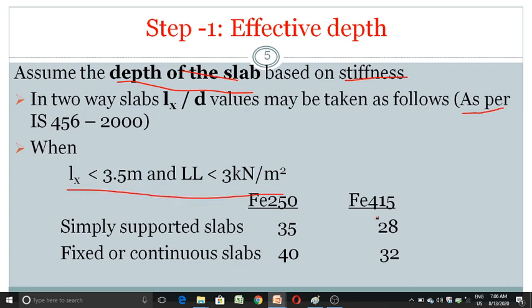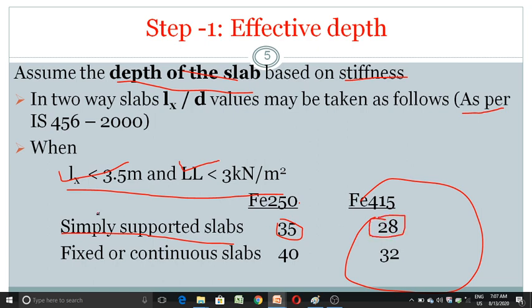If your Lx is less than 3.5 meters and live load is less than 3 kN per meter square, and we are designing a simply supported slab with Fe250, then we use an Lx by d ratio of 35, whereas for Fe415 we can use 28. If you are designing fixed or continuous slabs, then for Fe250 the Lx by d ratio is 40, and for Fe415 the ratio is 32.